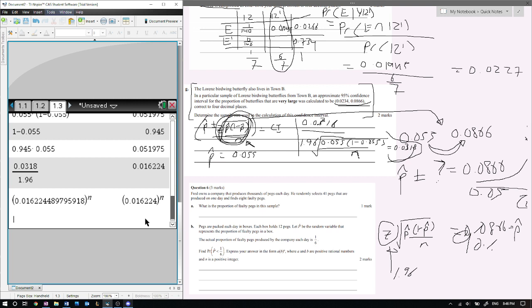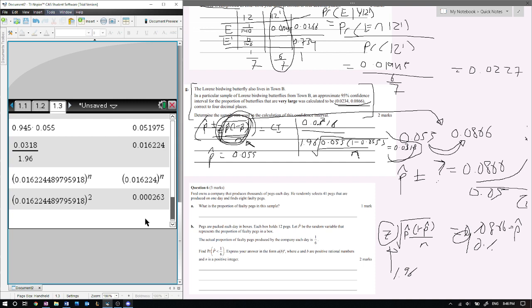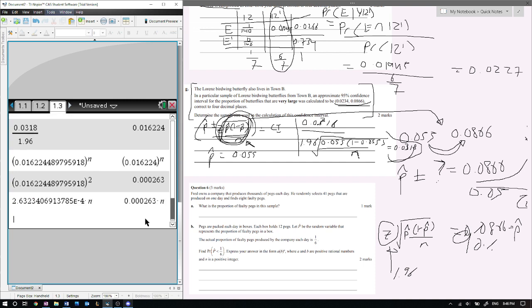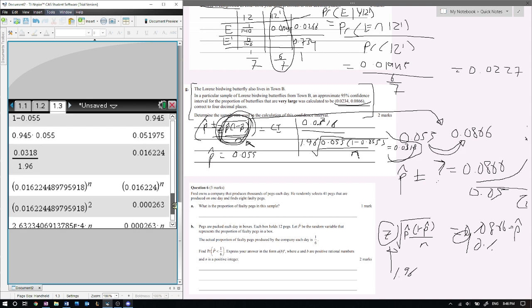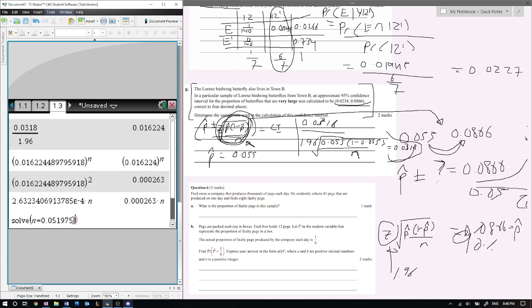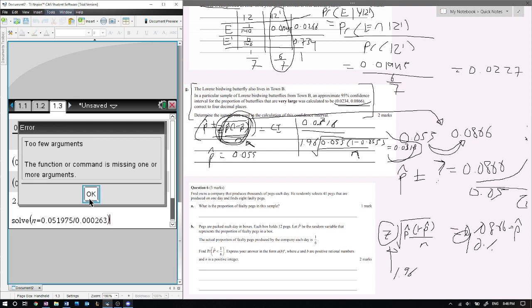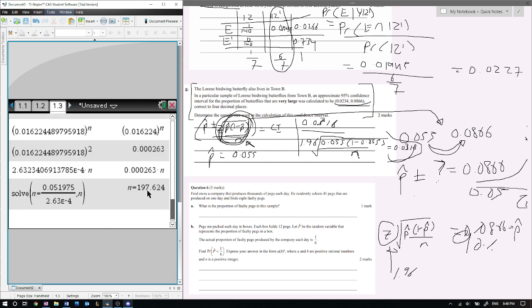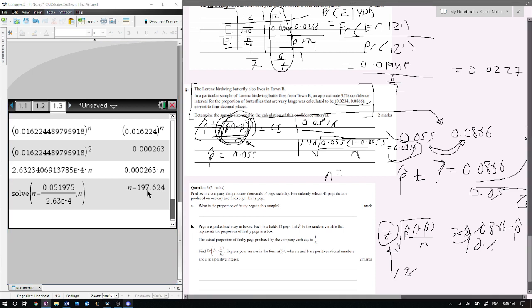Square both sides, then multiply by n, and divide. So when you solve, n is equal to 197.624, and you just round.